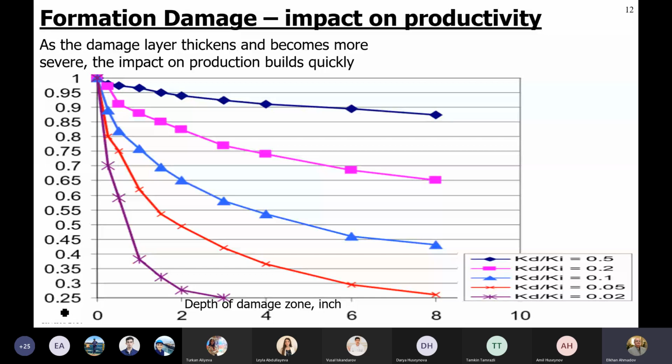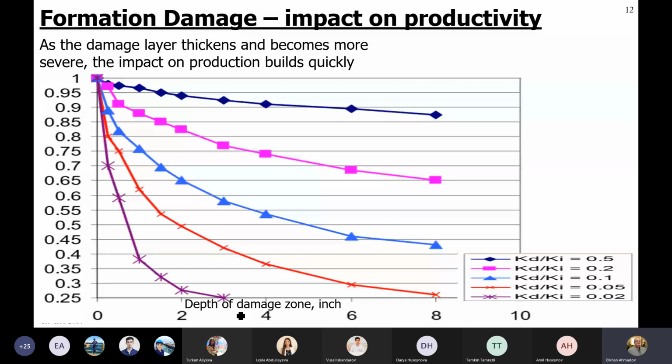To compensate for this loss, if we don't do anything about the near wellbore damage, we have to increase drawdown.